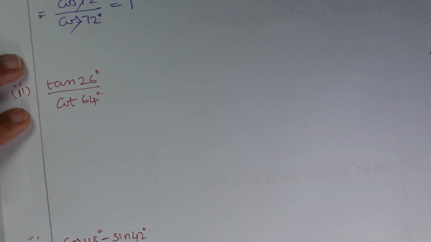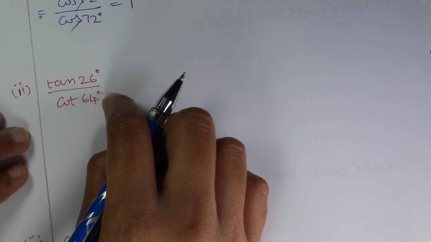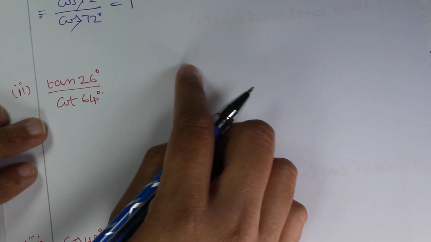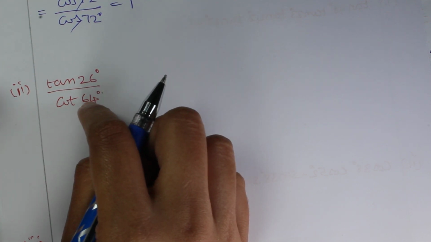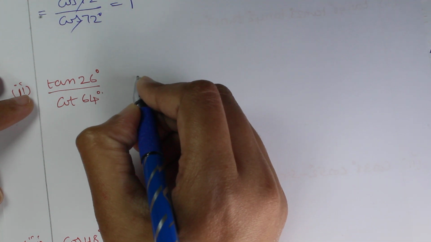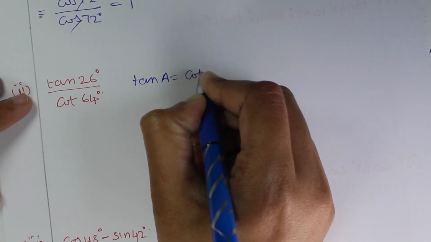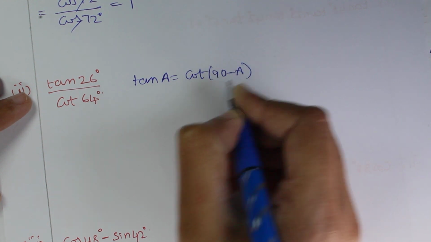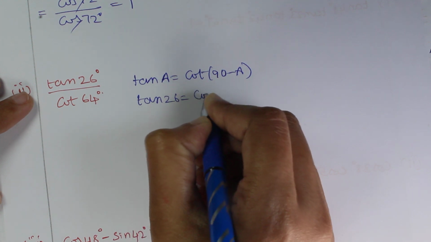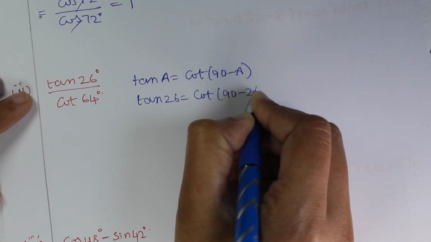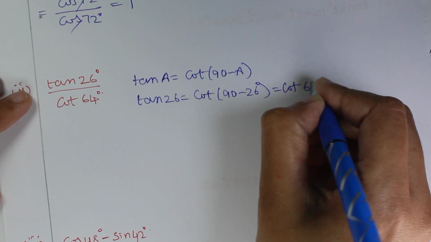Again here he has given tan 26 degrees divided by cot 64 degrees. So here we are going to convert tan to cot so that we can solve the problem in one go. Tan A is equal to cot of 90 minus A. So tan 26 degrees becomes cot of 90 minus 26 degrees, that is equal to cot of 64 degrees.